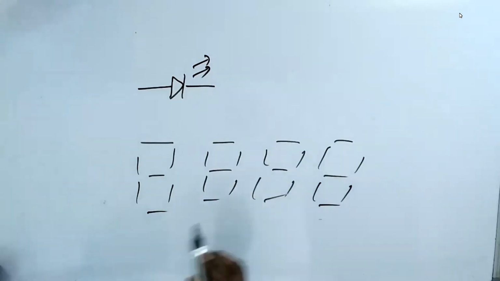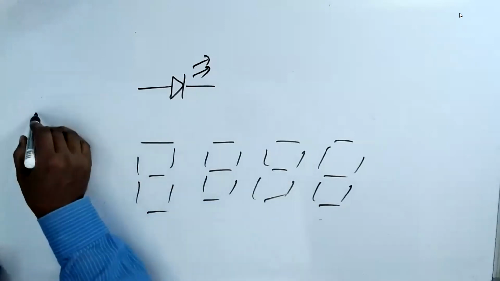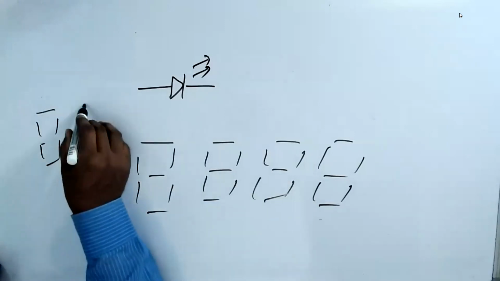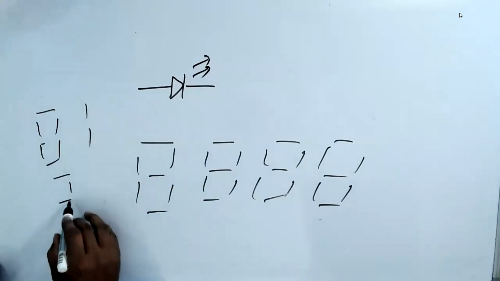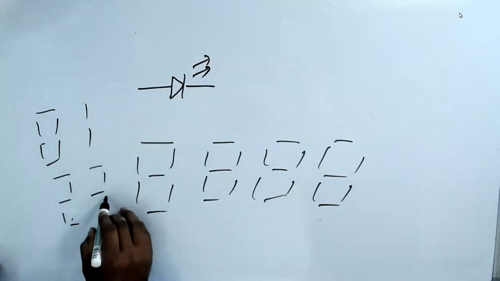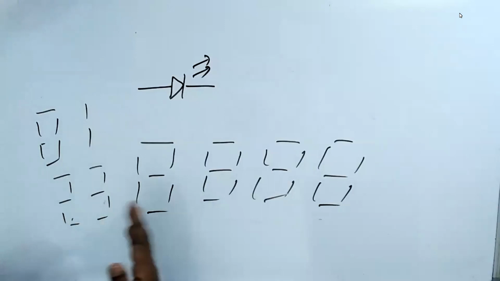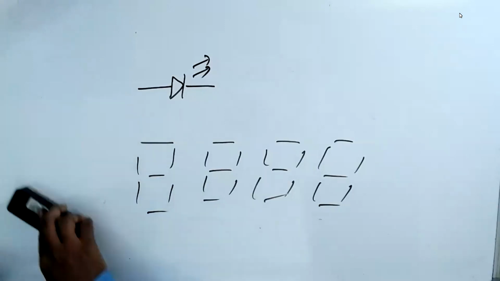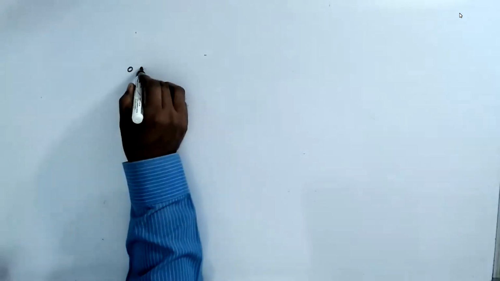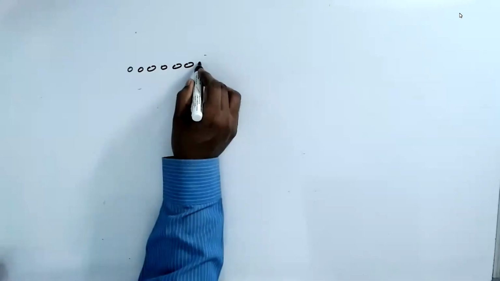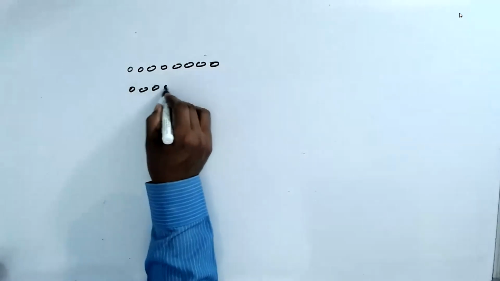The problem with the 7 segment is you can display 0, 1, 2, 3, like that only. You cannot display any other characters. That is the reason we discussed dot matrix. We discussed about dot matrix.